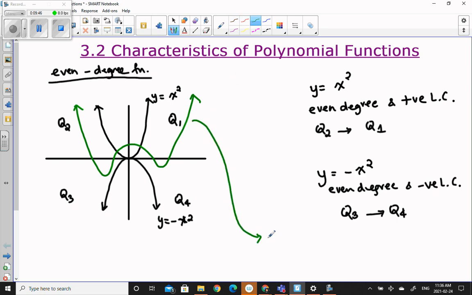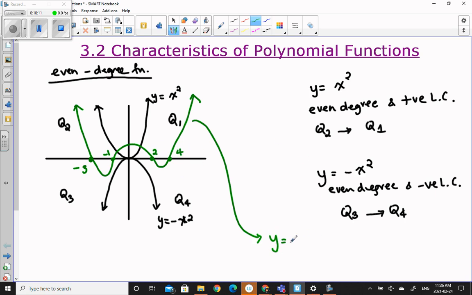A possible equation for this could be y equals, let's say these are the 4 zeros that you can see. These are the 4 zeros of this function. So let's say this is -3, this is -1, this is 2, and this is 4. Let's say those are the zeros, okay?